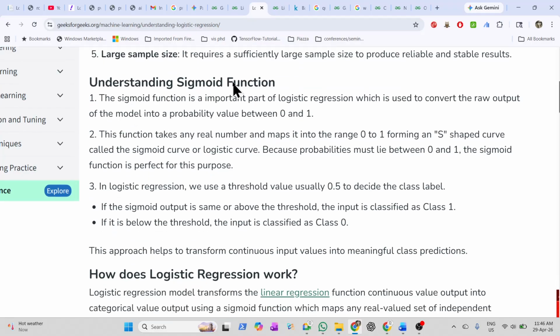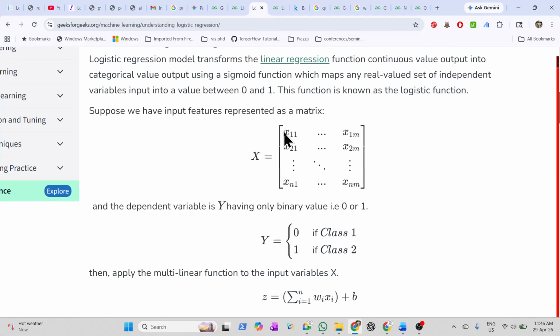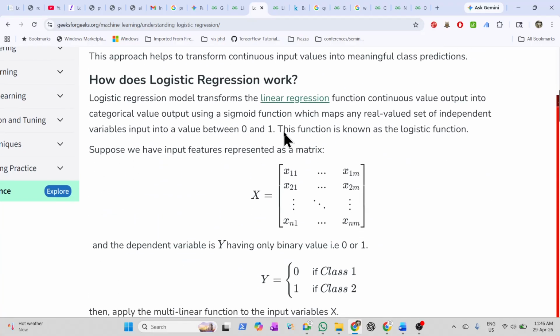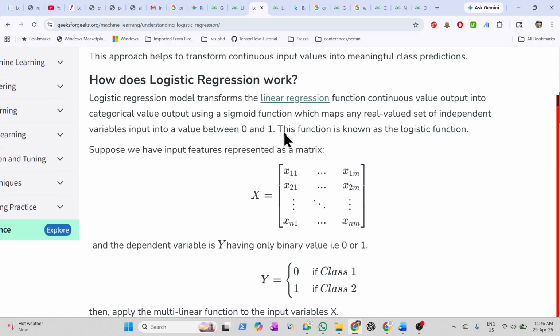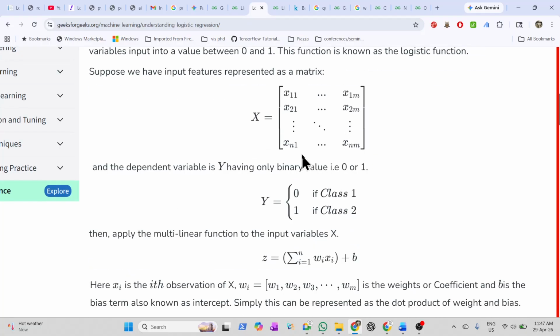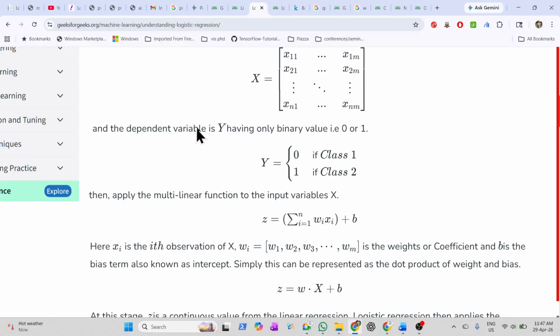In order to understand the sigmoid function formula, let us say this is the matrix that represents our values, and there is a dependent variable y.